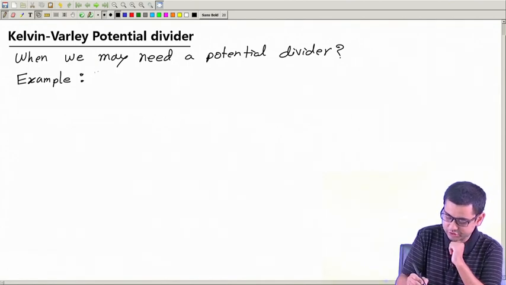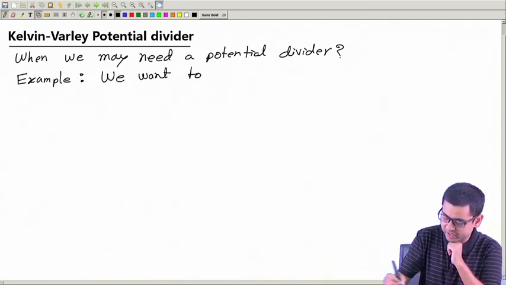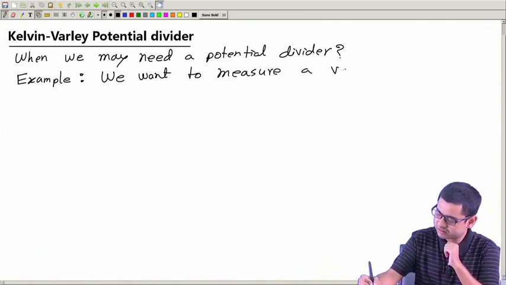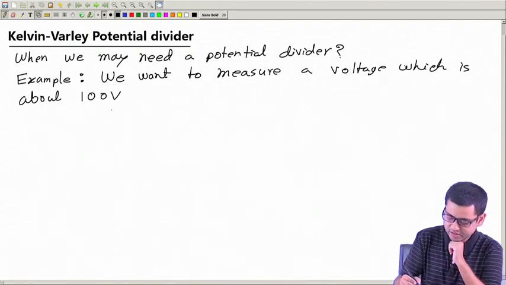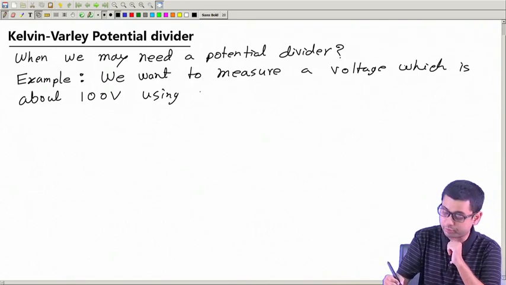The example is as follows: we want to measure a voltage which is about, say, 100 volt. So, we want to measure it using a potentiometer.